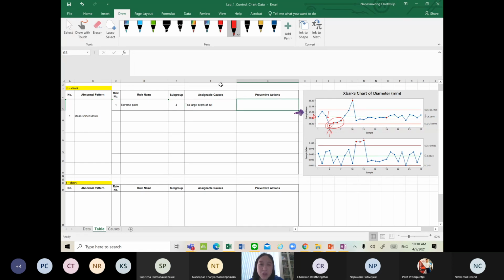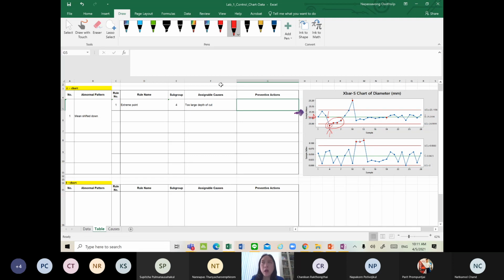And preventive actions means that if we know that an inexperienced worker doesn't know how to interpret the control charts, then in this case he or she shouldn't adjust, but he or she did.